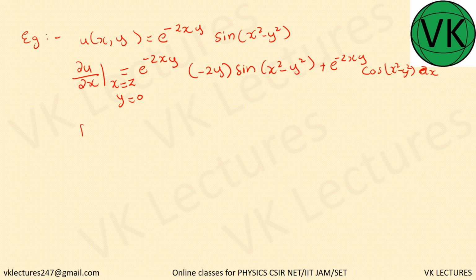So f1 of z, 0 is equal to 2z cos z square.